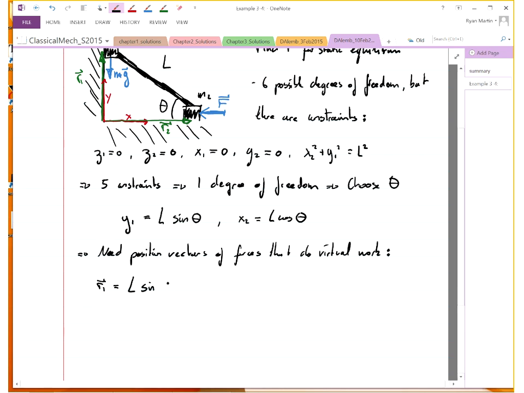So the R1 vector is L sine theta y hat. And then the R2 vector is in the plus x direction, and it's L cos theta x hat. Right, R1 doesn't have an x hat component, and R2 doesn't have a y hat component.